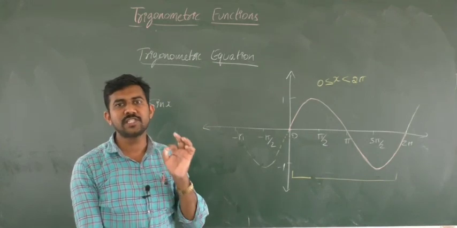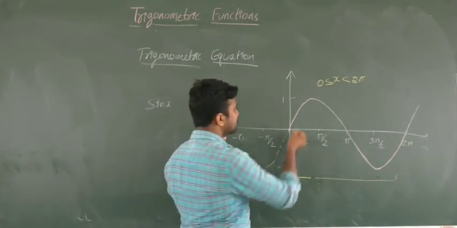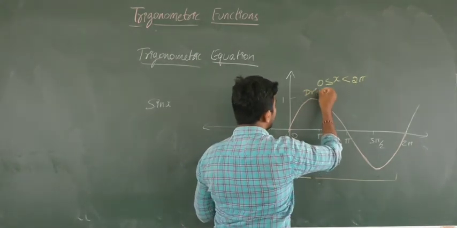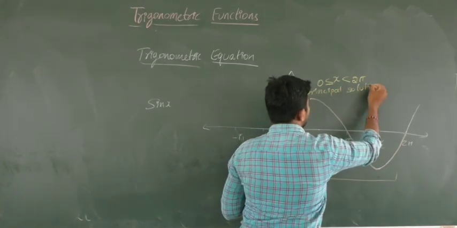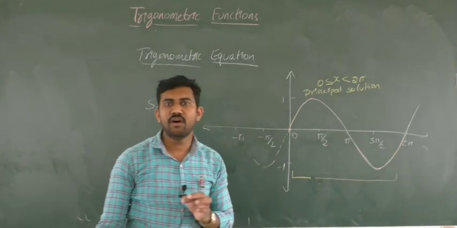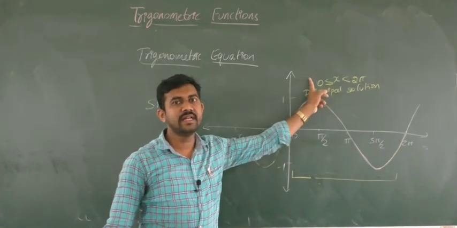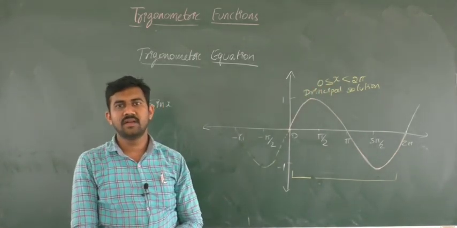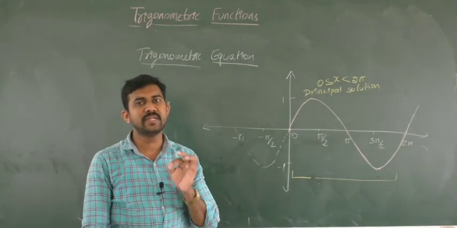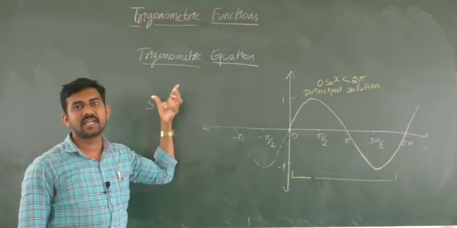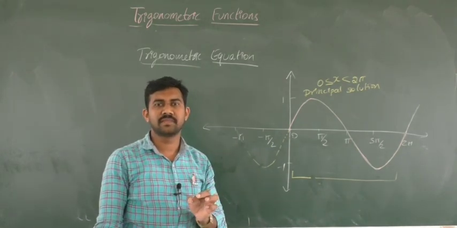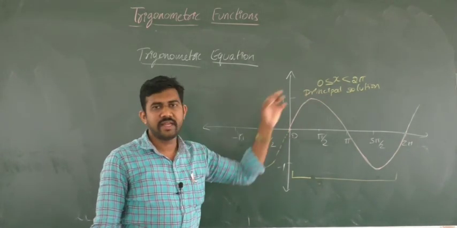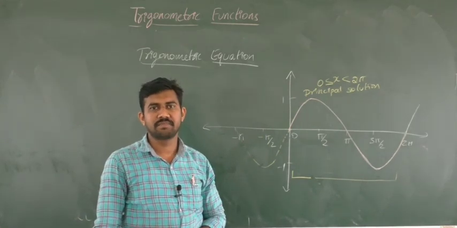But principal solution of a trigonometric function means the values of x in between 0 to 2 pi of the given trigonometric function. That is called the principal solution of the given trigonometric function.